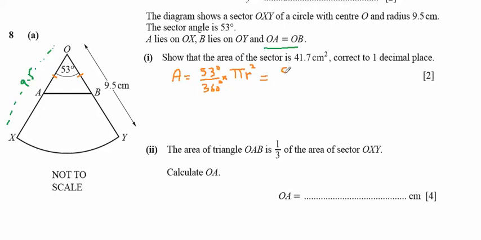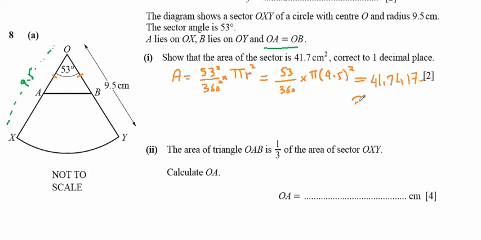So it is equal to 53 over 360 times pi. For pi in the calculator you can use 3.142, or the calculator value. R is 9.5 squared. By using the calculator we get 41.77417 and so on, many digits after that.